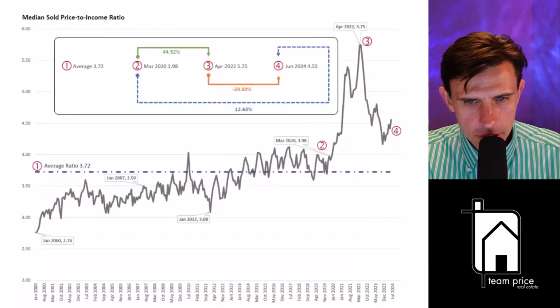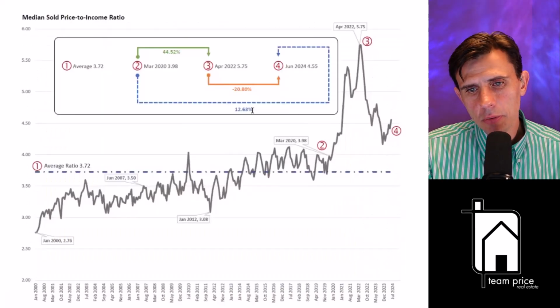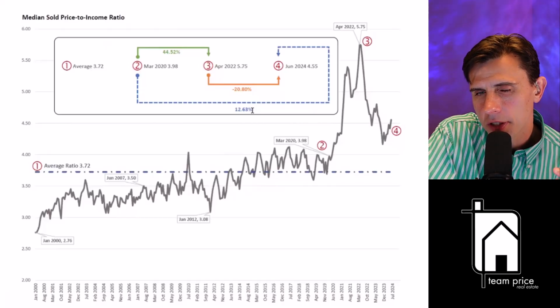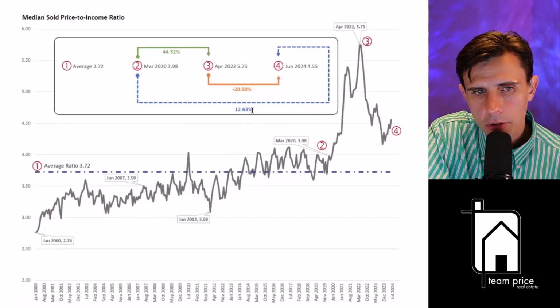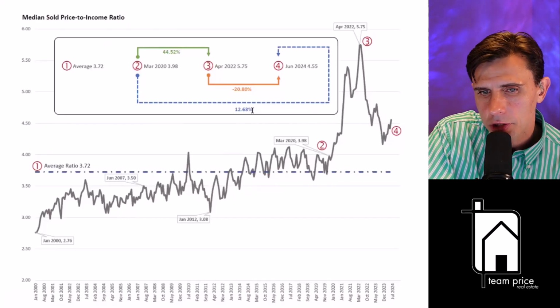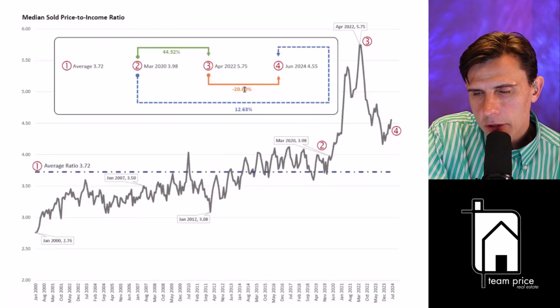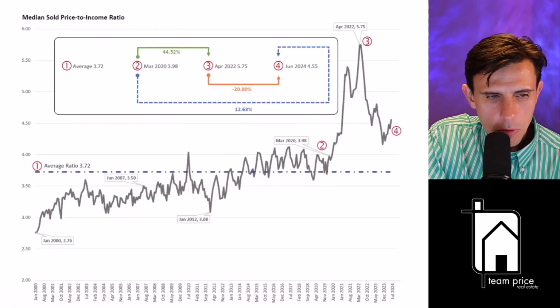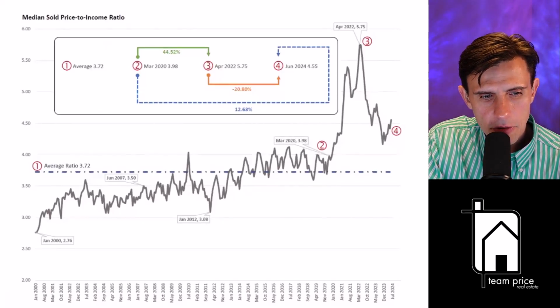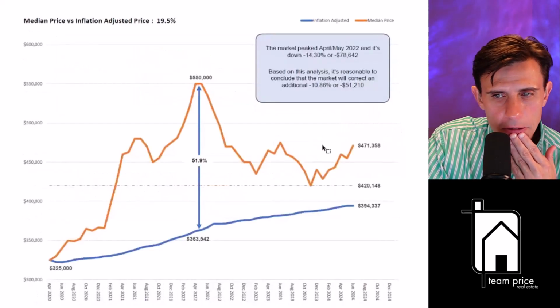So what's my prediction? I'd say we're still at least 12.63% overvalued when you look at the median sold price to income ratio. We've already gone down 20.8%, but we're still 12.63% overvalued. And then the last one that I want to bring to your attention is this one right here.